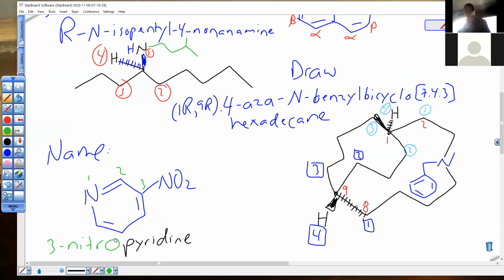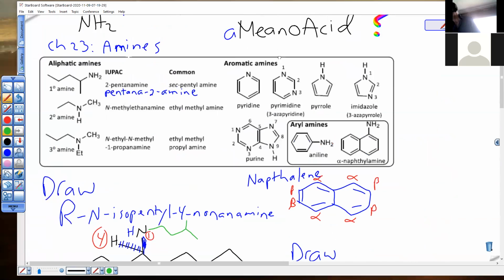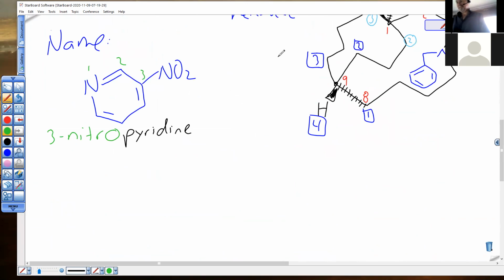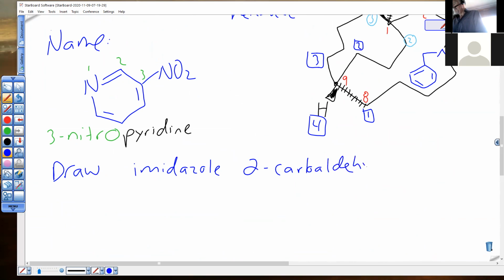Okay, do we need more practice? Let's see. Let's draw one more. Draw imidazole 2-carbaldehyde.